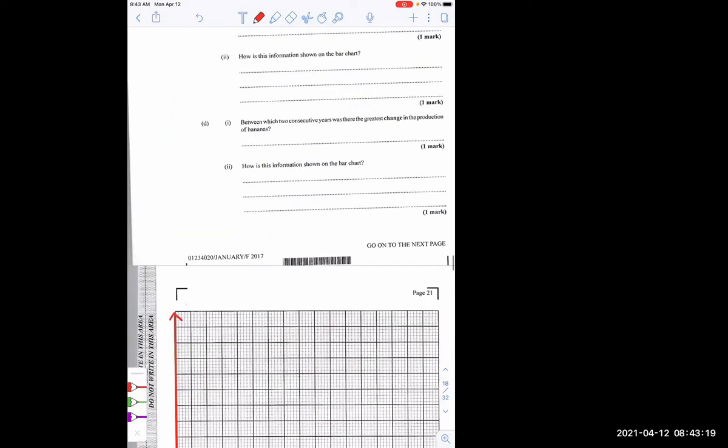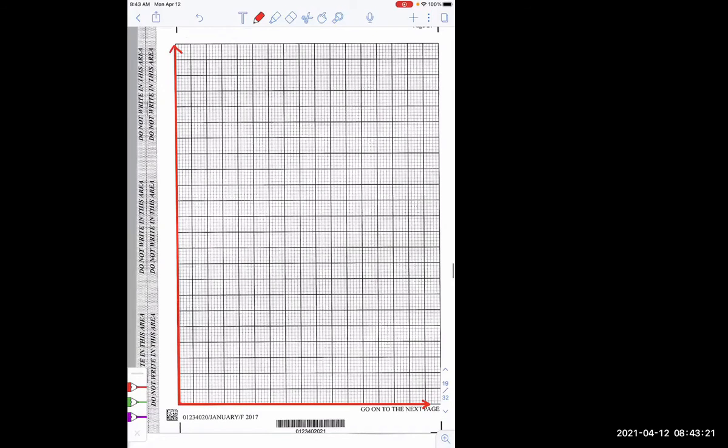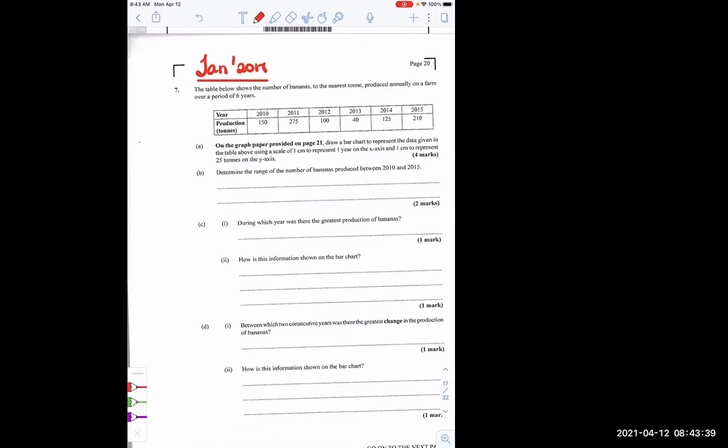So what they are looking for you to use the scale properly. They are looking for correct use of the axes, and they are looking to see that you draw the bars in a proper way.